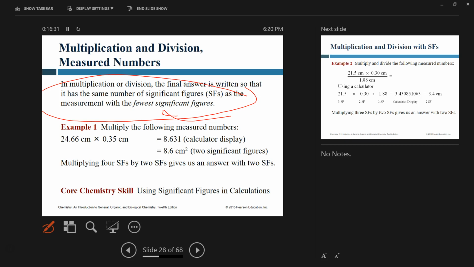Let me show you. Here, first number, how many significant figures? 4. Second number, 2. 0 is the placeholder. It's 2. What is the least? 2.